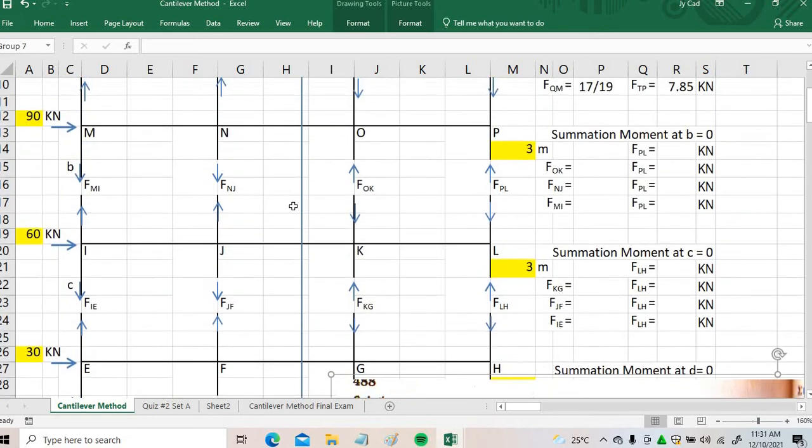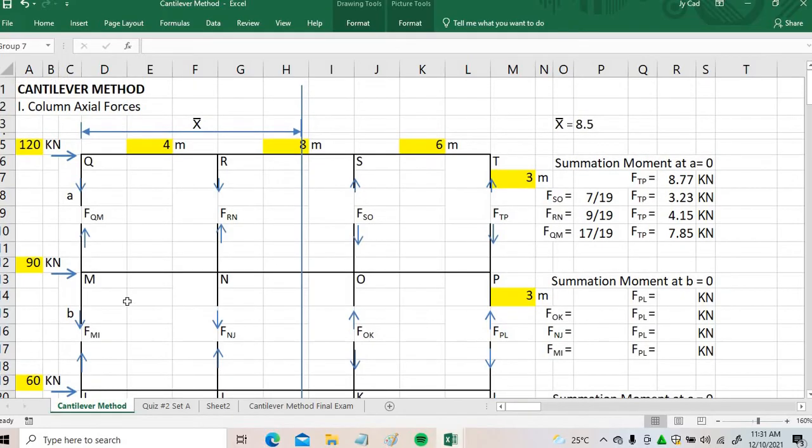Pagdating naman dito sa third floor, it is basically the same procedure, pero ang moment natin ngayon, madadagdagan na itong 120. So ang lever arm ni 120 would be 3 plus half of this story height.